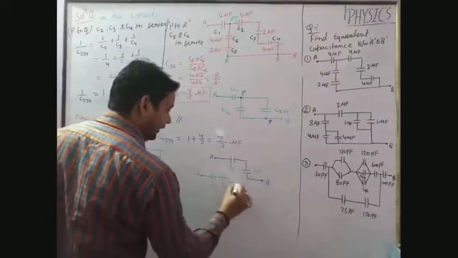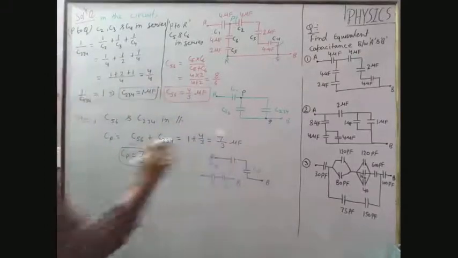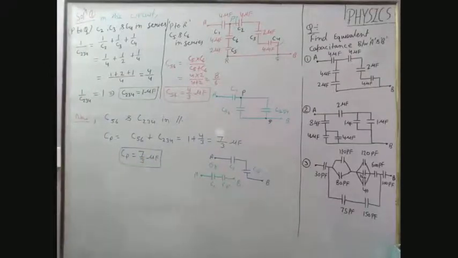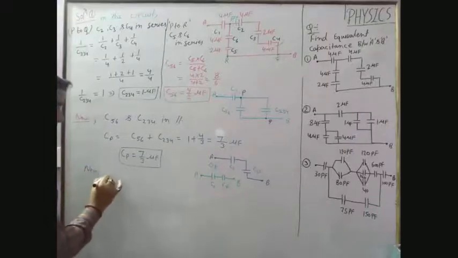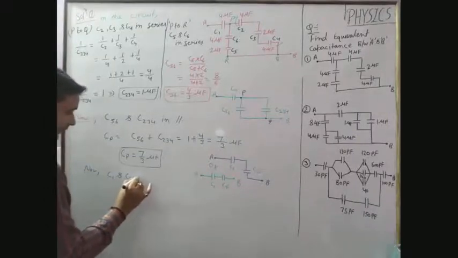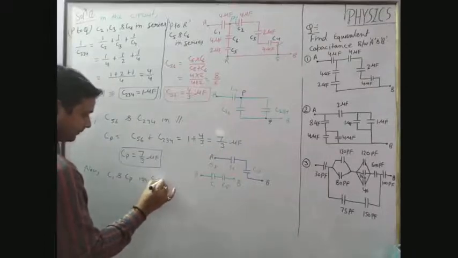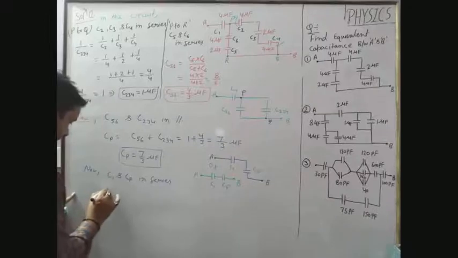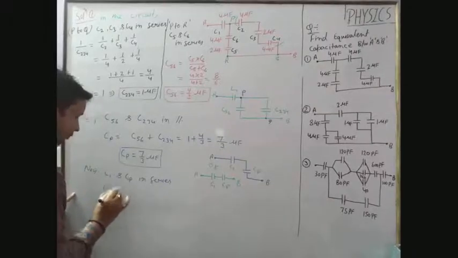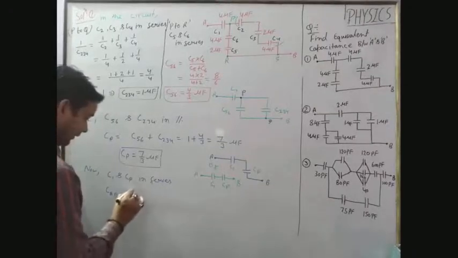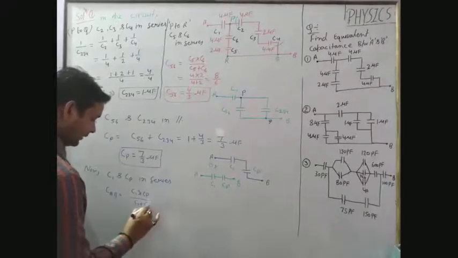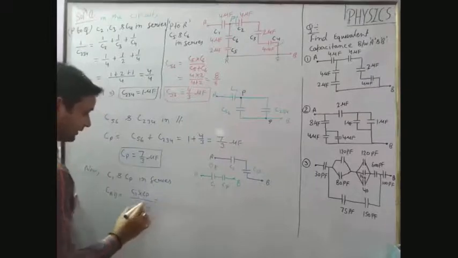This is point A and B. Any of the two figures you can resolve. Now C1 and Cp are in series. Therefore CAB is equal to C1 into Cp upon C1 plus Cp.